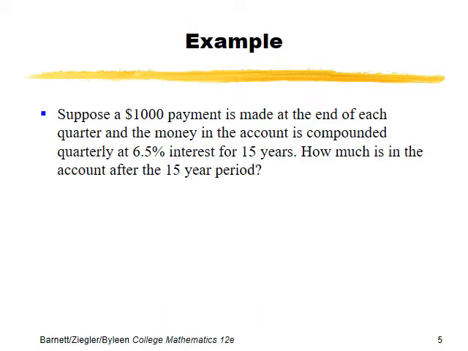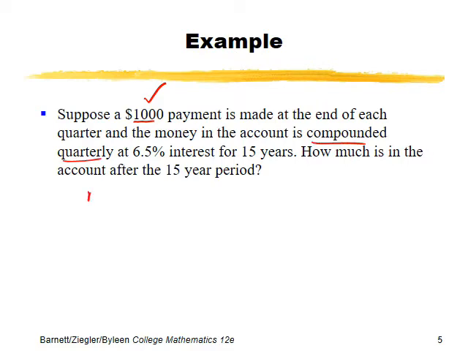Now I will explain this example in detail in order to let you know the difference between compound interest and future value of annuity. Suppose a $1,000 investment payment is made at the end of each quarter. This means we are depositing $1,000 after every quarter, so it is not once, and the money in the account is compounded quarterly.